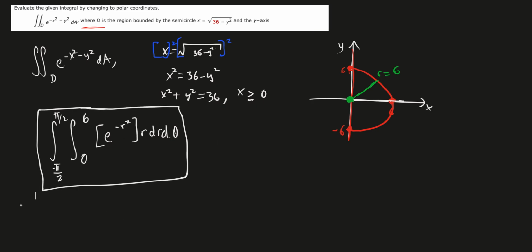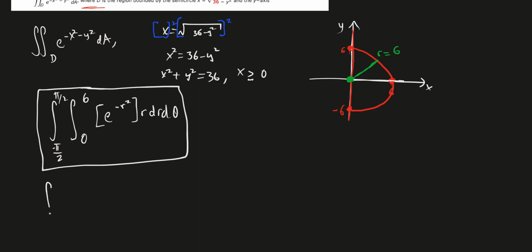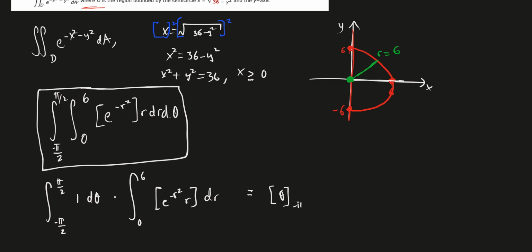You can split this up into the integral from negative pi over 2 to pi over 2 of 1 d theta, multiplied by the integral from 0 to 6 of e to the negative r squared times r dr. This is equal to theta evaluated from negative pi over 2 to positive pi over 2, multiplied by, now we can use the u sub here, so u is equal to negative r squared, so du is equal to negative 2r dr.